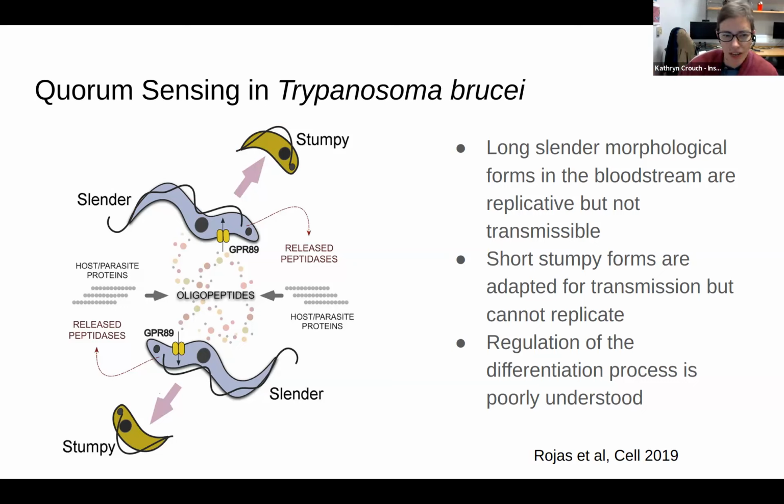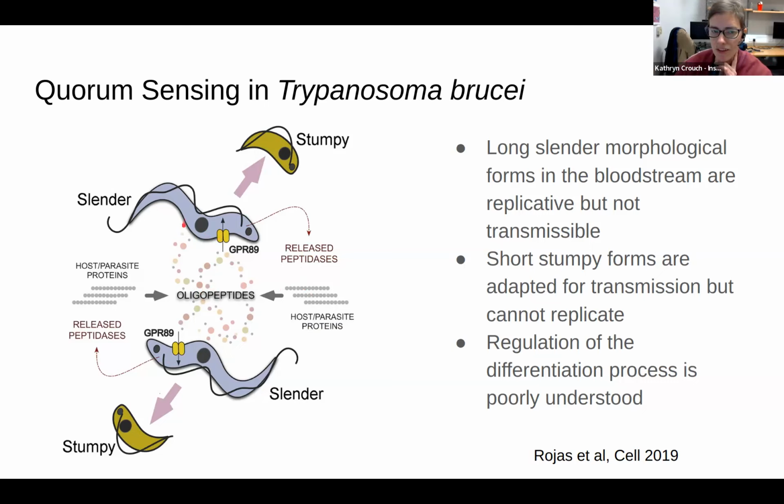About 4 years ago now, the mechanism was discovered. So what happens is the slender form releases peptidases. It's extracellular in the blood, so those peptidases can chew up all of the proteins that are floating around in the serum and make oligopeptides. Those oligopeptides are then sensed by this GPR89 ligand.